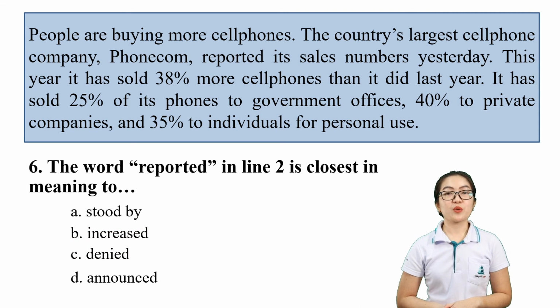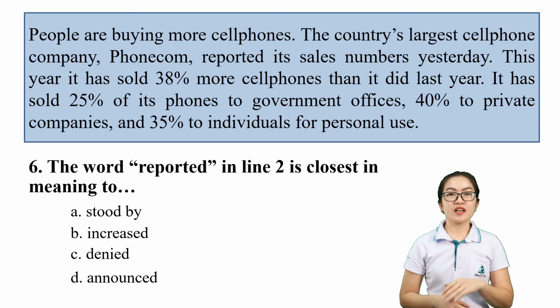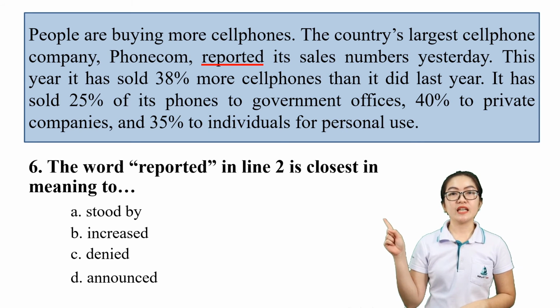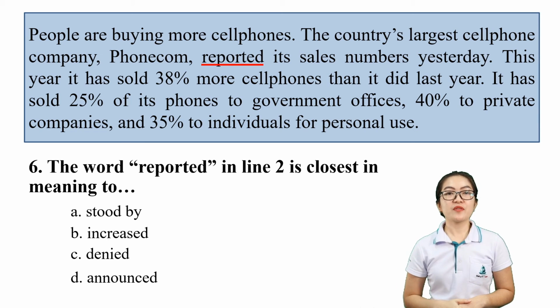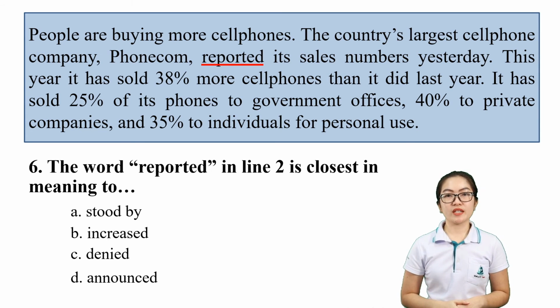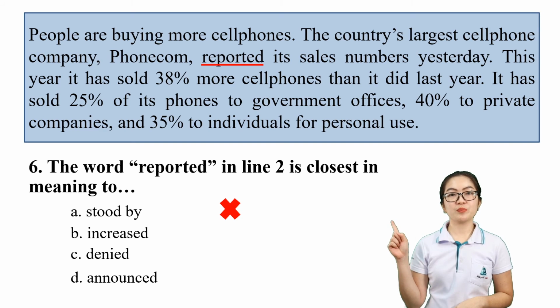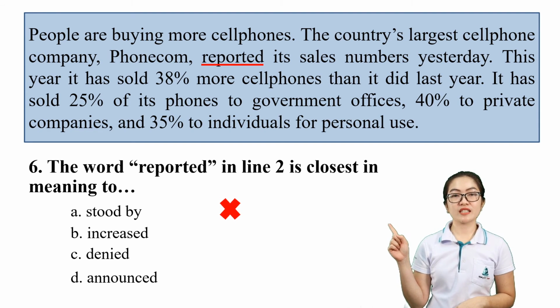Let's move on to question number 6. The word reported in line 2 is closest in meaning to. Let's find out the meaning of each choice. A, stood by, means to be present, so it is out of context.